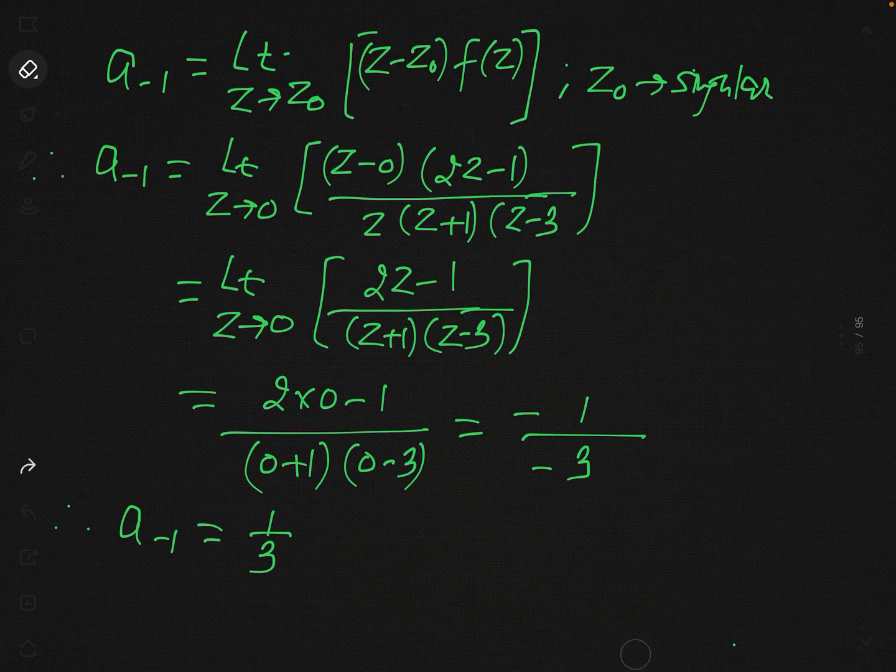Now we will find, in a similar manner, the residue of this function at its other singular point which is inside the circle C. And what is that singular point? That is z equal to minus 1.